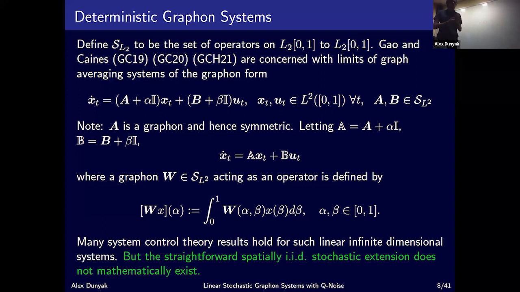Many standard control theory results hold for these linear infinite dimensional systems, but you can't just make a straightforward IID extension to a stochastic version of this system. You can't create a probability distribution that satisfies it.